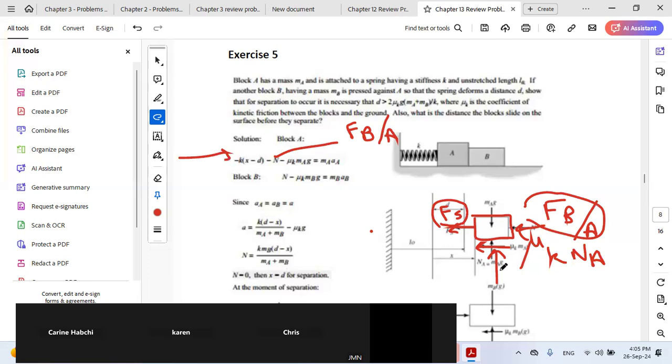N is not the normal force with the ground. N here represents the force of block B on A, the normal force to the contact line here, while the normal with the ground they called NA. To get NA, you do sum of Y equals 0. You have NA equals the weight of A.